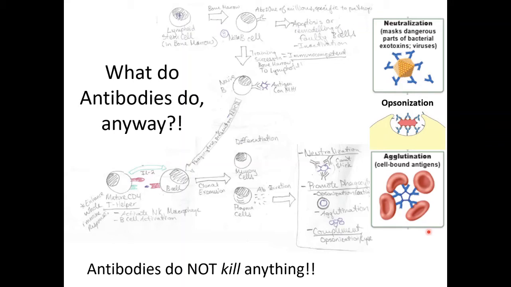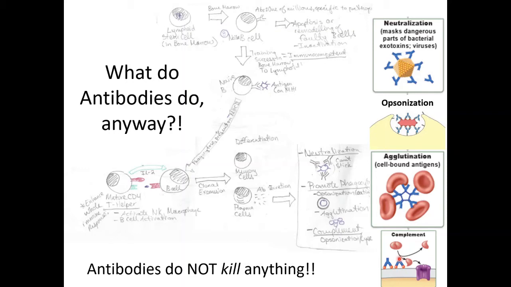Okay, and the third and final action of antibodies that we're going to talk about is ramping up complement. Again, you've heard about this before when we talked about the innate immune system. A series of proteins within the blood is activated, and that ultimately leads to more inflammation and more destruction of pathogens.